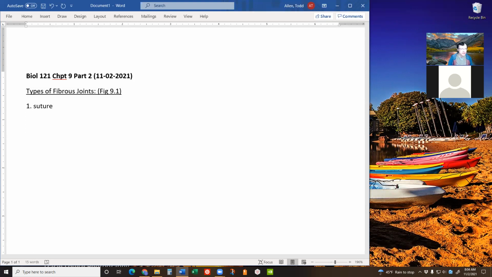Take a look at figure 9.1a. A suture is a fibrous joint that's only found between the bones of the skull. Our example here could be any of the sutures that you became familiar with for lab exam 1. I'll just list down the coronal suture as an example.